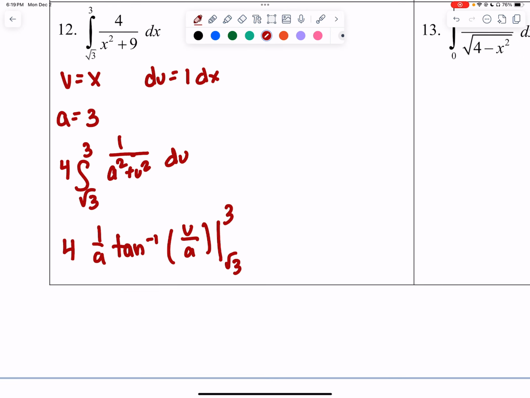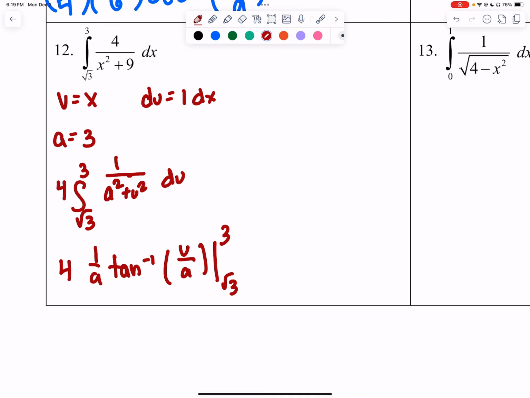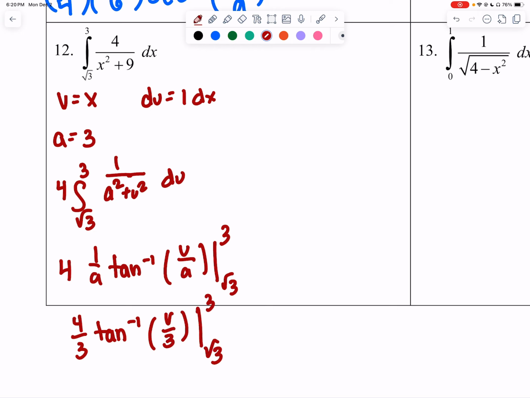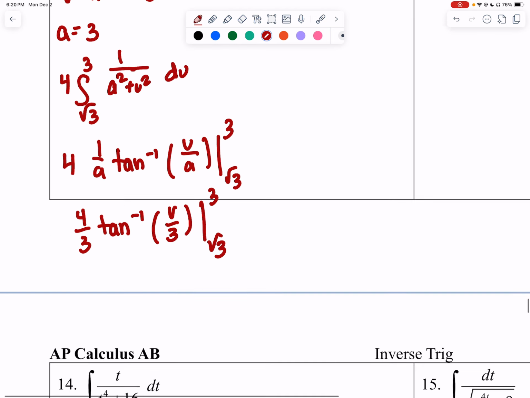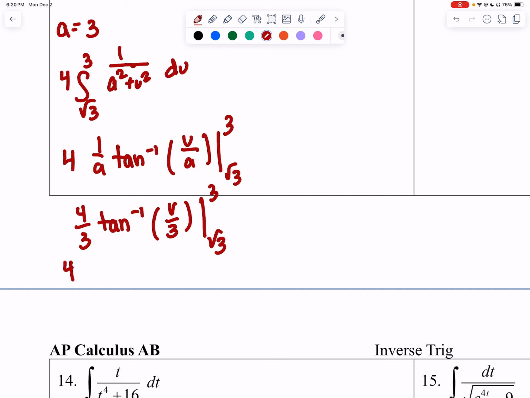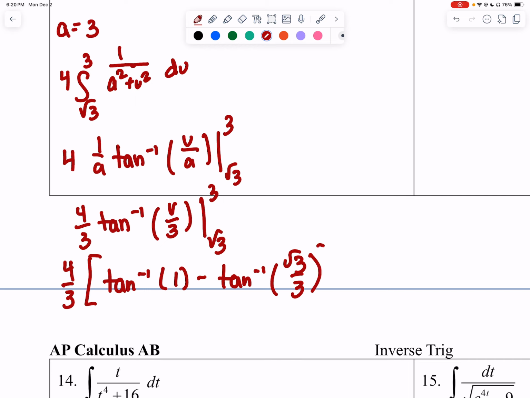Now u, remember this is already in terms of u, so that's great. And now that a is 3, I'm going to go ahead and plug in a 3 for a. So I get u over 3. Then my bounds are root 3 over 3 to 3. I'm going to use FTC. So now I have 4/3 inverse tangent of 1 minus inverse tangent of root 3 over 3.